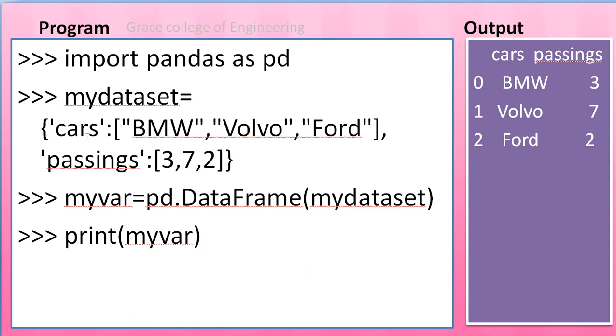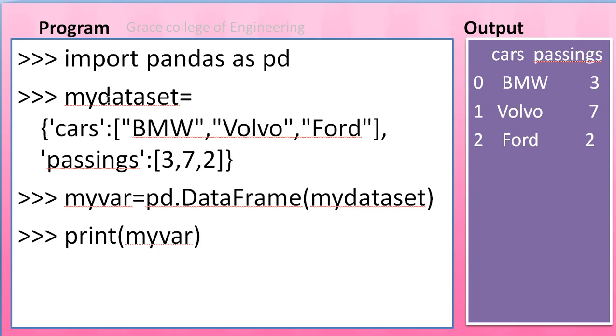Inside the dictionary, keys and values will be present. So the keys here are cars and passings. Values can be any data type. Here we have taken the list data type: BMW, Volvo and Ford, and passings are 3, 7, 2. Okay, it is stored in the mydataset variable.